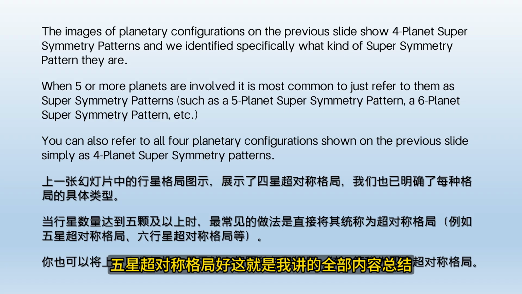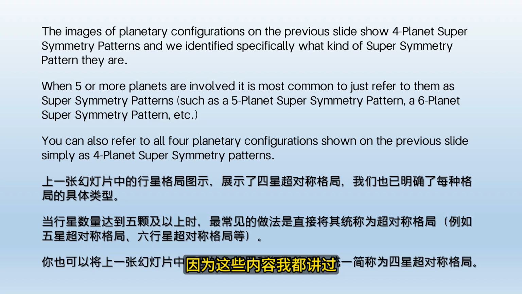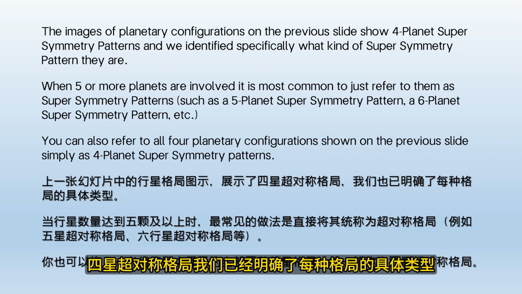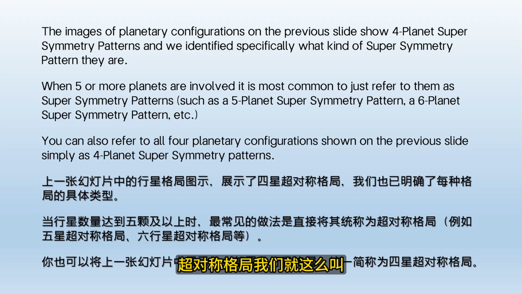All right, so this just summarizes what I said. I'm at 42 minutes. This is a long video, and let me just review this because I've already said this. The images of planetary configurations on the previous slide show 4-planet supersymmetry patterns, and we identified specifically what kind of supersymmetry pattern they are. When 5 or more planets are involved, it is most common to just refer to them as supersymmetry patterns.